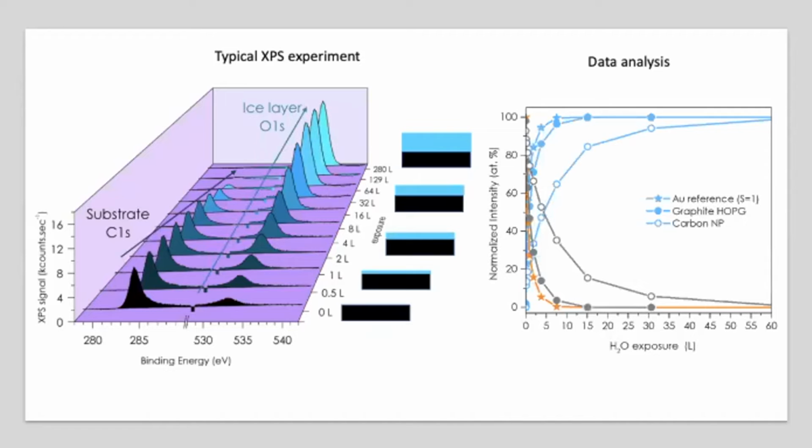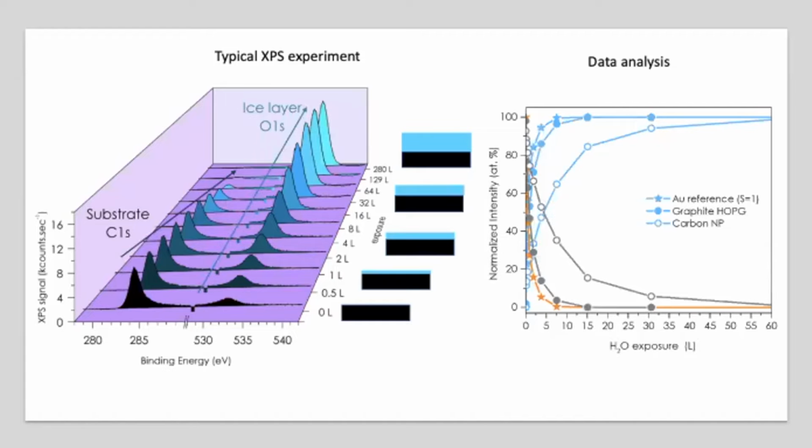So the data analysis is very simple. We just plot the intensity of the oxygen 1s peak and the intensity of the carbon peak as a function of the water exposure or CO2 exposure. And as you can see, this is the growth rate actually. And you can see that it's lower for carbon nanoparticles than it is for graphite.